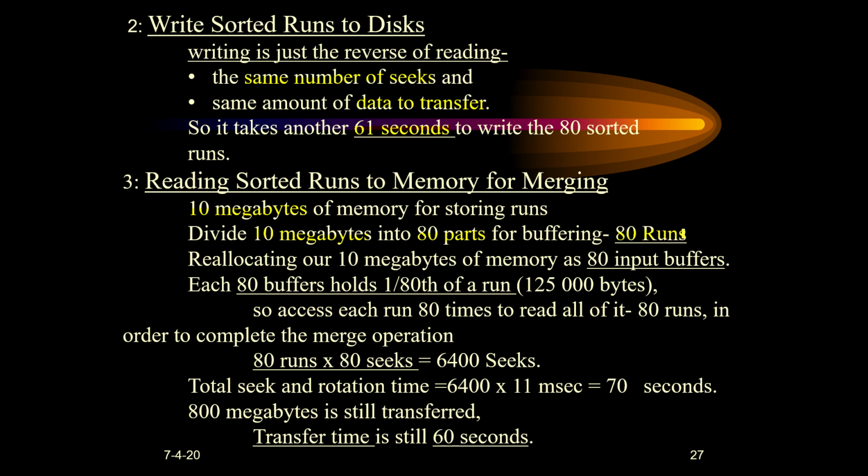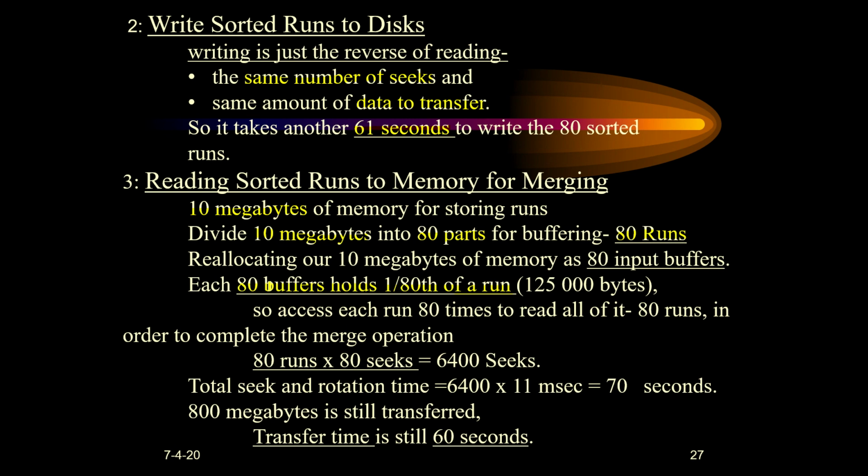Now each run is read by one seek. So in the 80 input buffers, each buffer holds 1/80th of a run. With one seek, only 1/80th of the run is read. So to read one whole run, we need to read it 80 times.